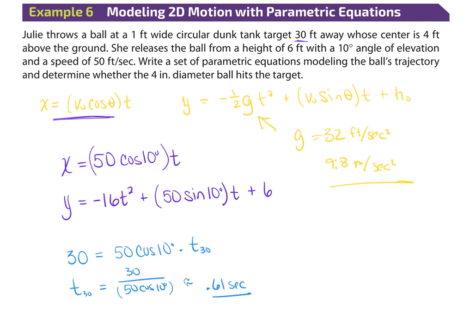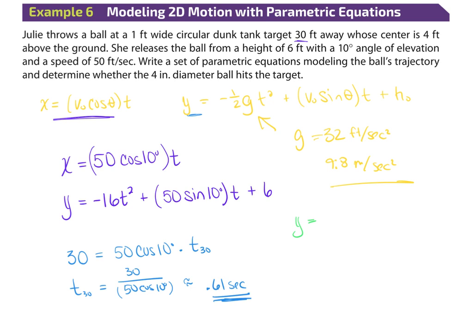All right, how does that help me? Well, now I need to see if she gets it 30 feet across at this angle of elevation and this initial velocity, how high it hits, because we know how high the target is. So we are going to take that time and plug it into our y to see at what height she actually gets that ball over there to the target. How high is it going to be?